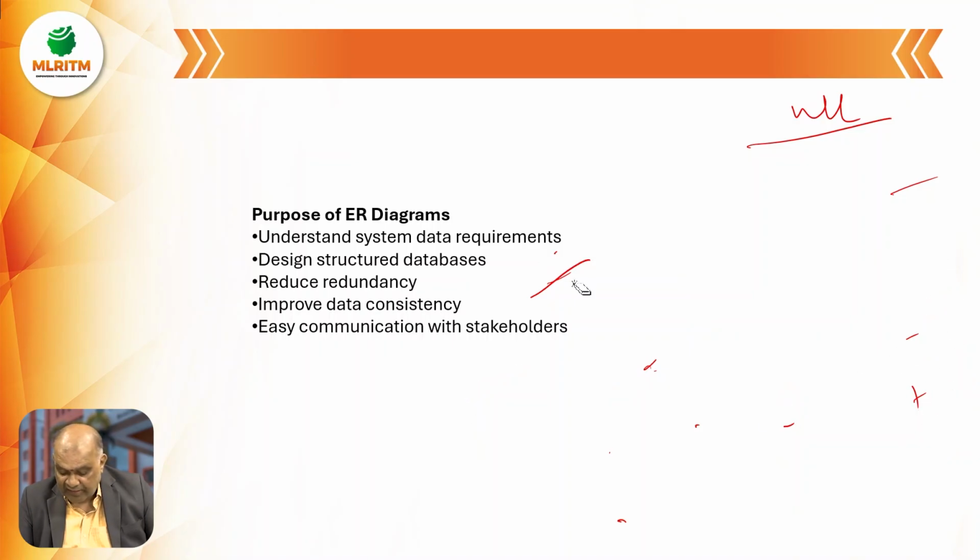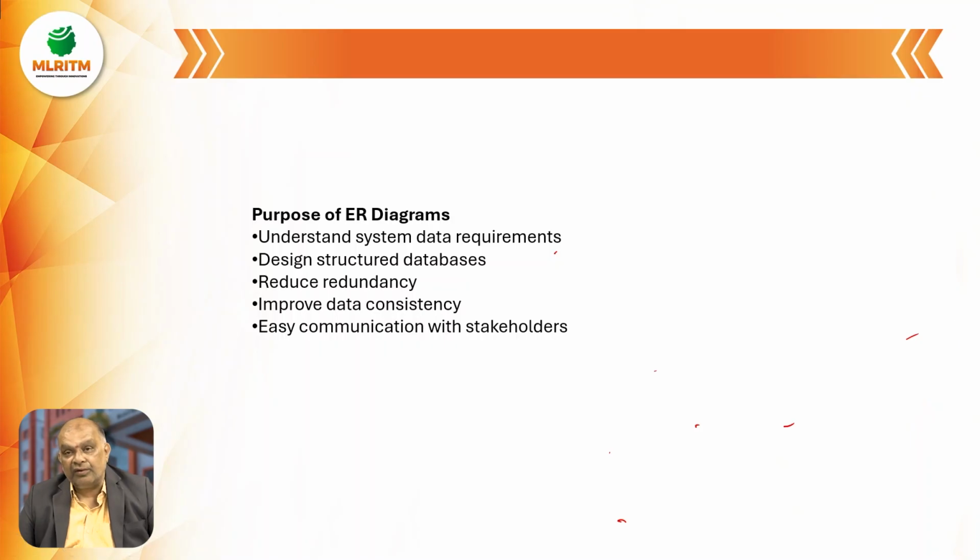Definitely the data consistency will be maintained, and whenever the data consistency is maintained, the table you have created is a perfect table with all the inconsistent data removed. So we can easily communicate with the stakeholders. For the college, the stakeholders are students. So when we maintain perfect information about the students, it becomes easy communication with them.